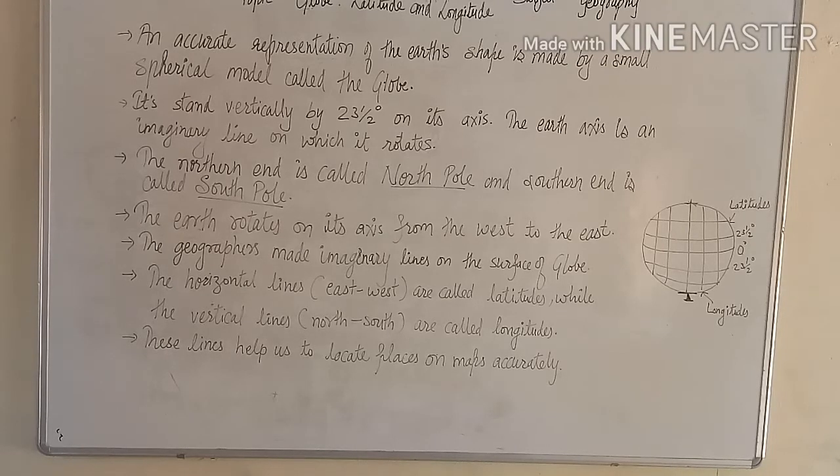Now, why are these lines made? These lines help us to locate places on maps accurately. We can find any location on the globe or on the map easily. So that's why these lines are made.